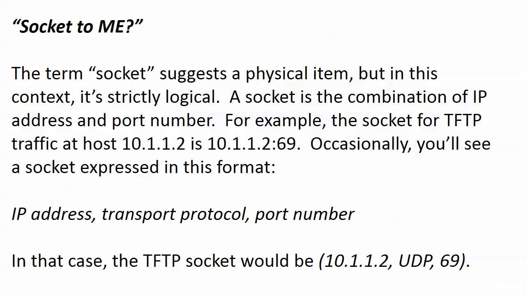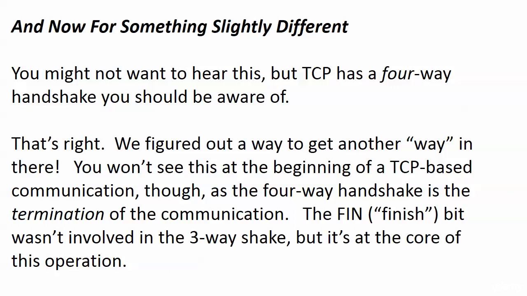Occasionally, you will see a socket expressed with three values: the IP address followed by the transport protocol followed by the port number. So in that case, the TFTP socket would be 10112, UDP, 69. That's kind of an odd value, that last one, if you don't know what a socket is, but you do, so you'll know exactly how to read that the next time you see it.